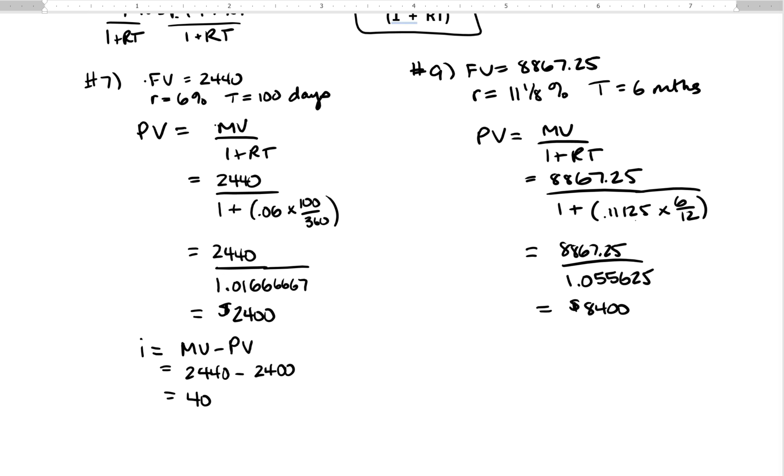If maturity value is 8867.25 and the principal present value is 8,400, that must mean interest is the difference. Future value minus present value. Maturity value minus principal, same thing. That gets us interest of $467.25. And so we're just working with the basic formula and rearranging it different ways to help solve questions. And that is chapter 12.